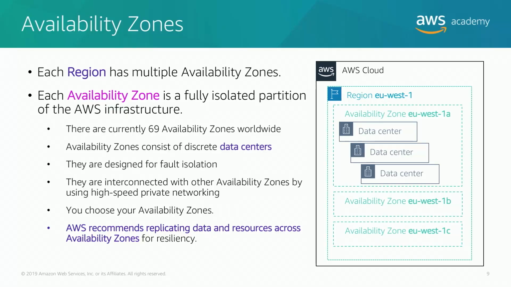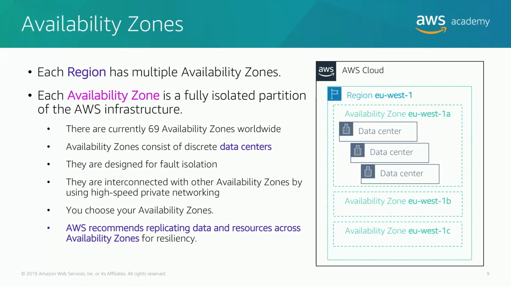An AWS region has multiple isolated locations that are known as availability zones. Each availability zone provides the ability to operate applications and databases that are more highly available, fault-tolerant, and scalable than they would be in a single data center. Every availability zone can include multiple data centers, typically 3, and at full scale, they can include hundreds of thousands of servers.